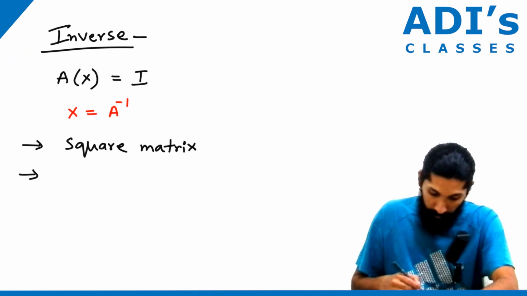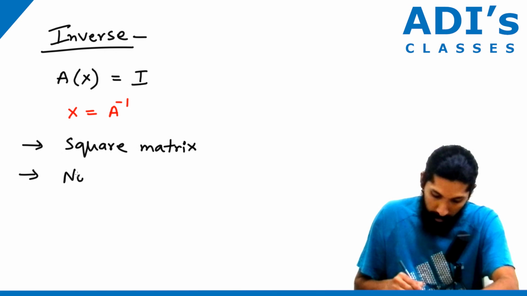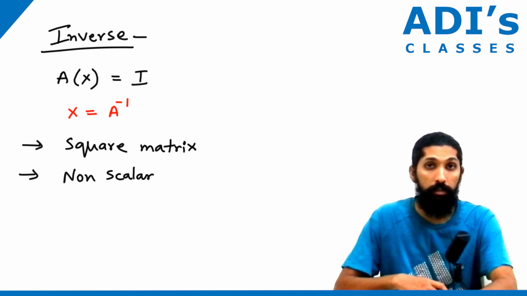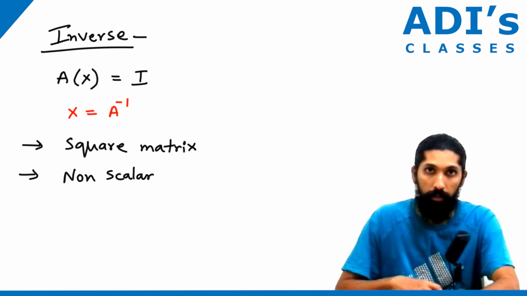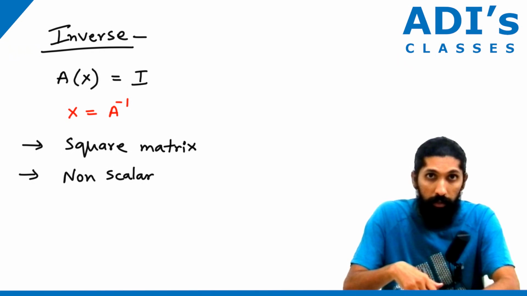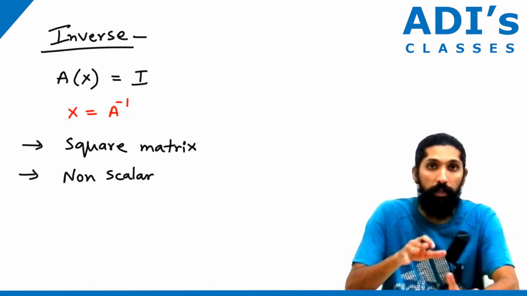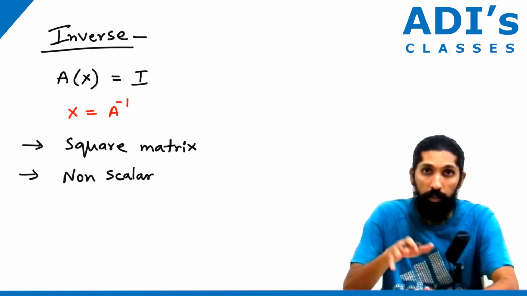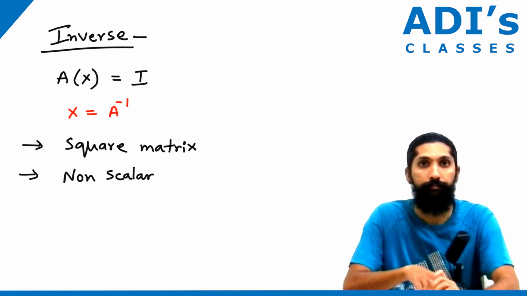So we can write here that it is a non-singular matrix. This is also quite an important property. Why it is important, you will understand in a much better way in the next chapter. But it has to be non-singular. If you remember this much for this chapter, it's good enough.